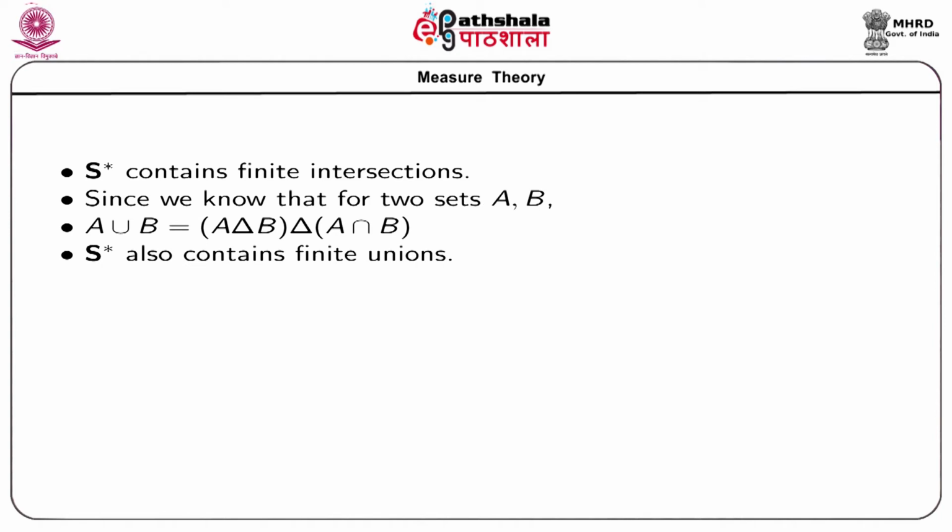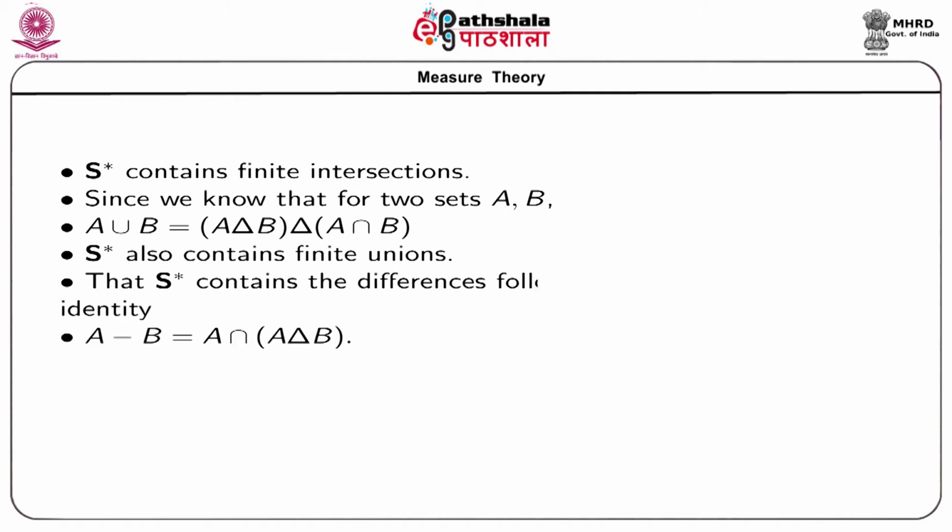So, we have shown that S star is closed under finite intersections and symmetric difference. Since we know that for any two sets A and B, A union B can be written in this form, A delta B delta A intersection B, it follows that S star is also closed under finite union.